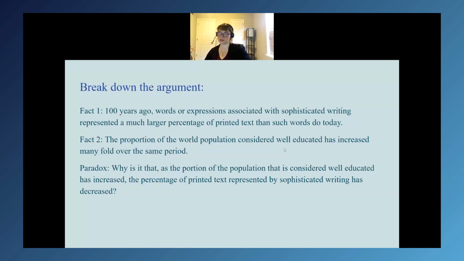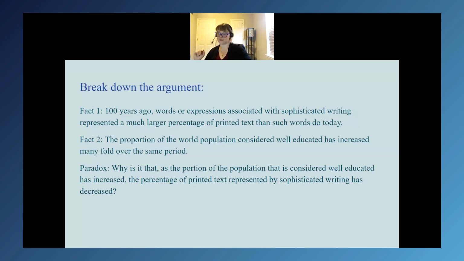Fact one, 100 years ago, sophisticated writing represented a much larger percentage of printed text than such words do today. So if it represented 50% of all printed text, now it represents 10. Fact two, the proportion of the world population, also a percentage, considered well educated has increased many-fold over that same period.